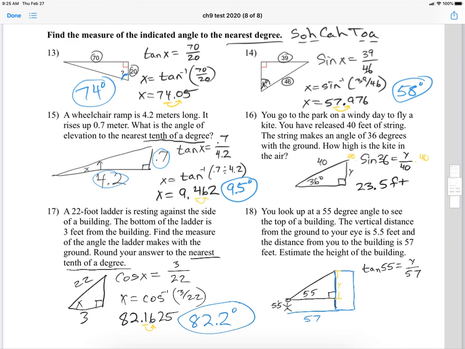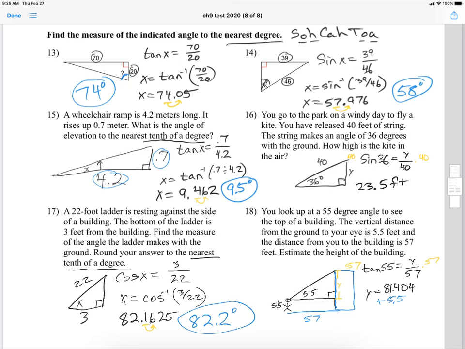So we multiply by 57 on both sides. And 57 times the tangent of 55 gives me y equals 81.404. That's feet. We have to add the 5.5 feet of how tall the person is.